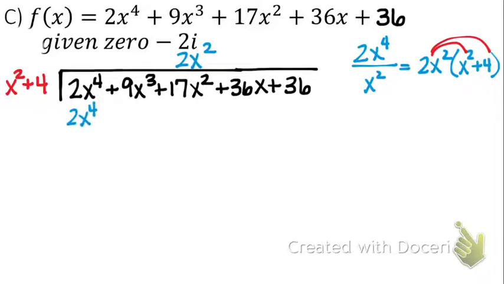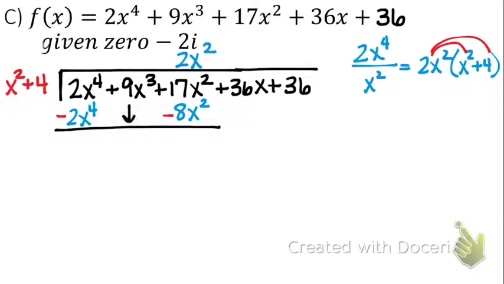Line up your like terms, and then you take 2x squared times 4, and that gives you 8x squared. Change both signs. So this 2x to the 4th is going to become negative, and the 8x squared is also going to become negative. All right, so now let's go ahead and add.